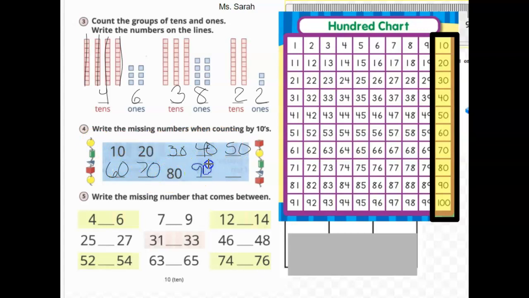We're so close. We're almost there. Ready? 10, 20, 30, 40, 50, 60, 70, 80, 90, 100.